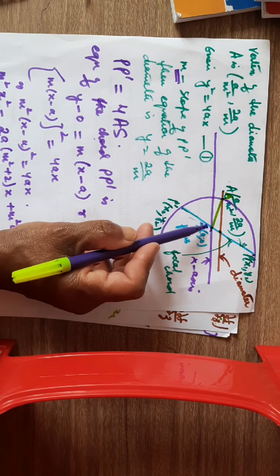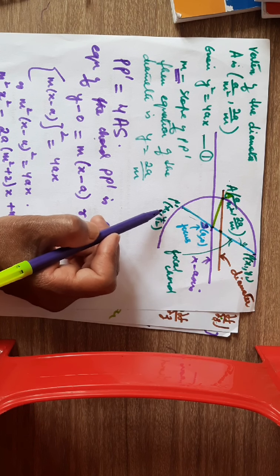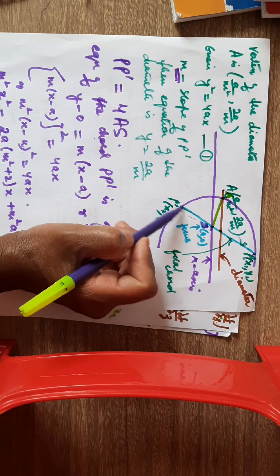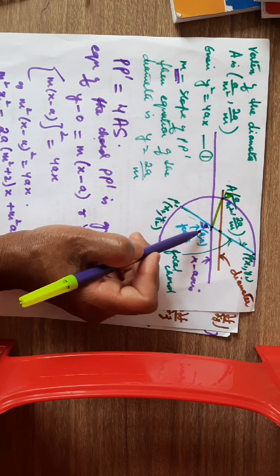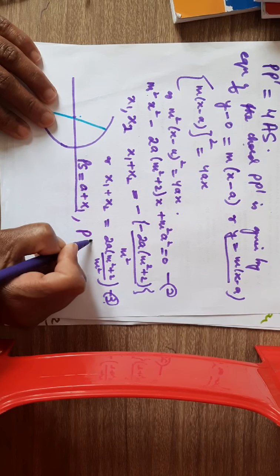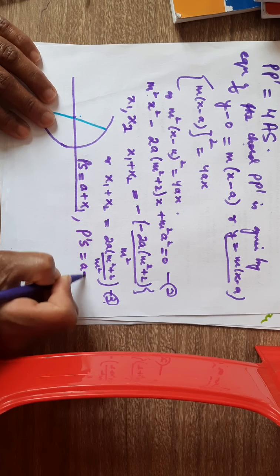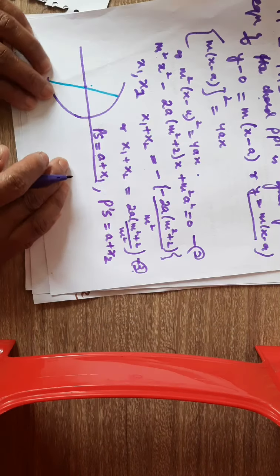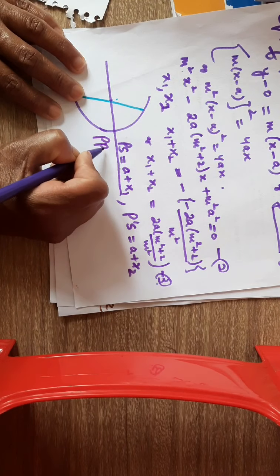And what about P'S? The x coordinate of P' is x2, and the distance from P' to S, having the coordinate (a, 0), will be P'S equal to a plus x2, the x coordinate of P'. Now let us see what PP' is.